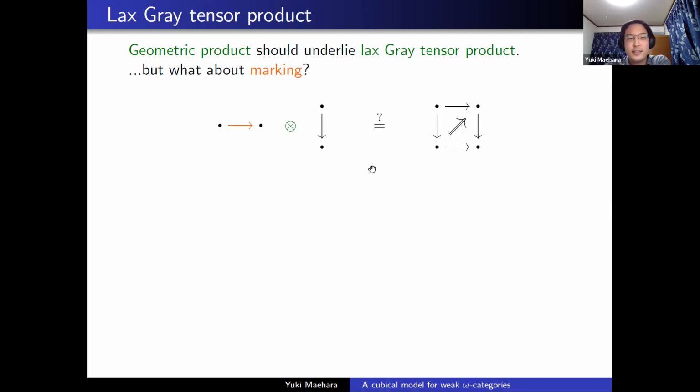The marking shouldn't change the underlying cubical set. Back to the slogan, the geometric product is where everything should come from. So we do want the underlying cubical set of the tensor product to still be just the 2 cube, but now we should probably mark some cubes in here as well. So exactly which cubes in here should we mark?